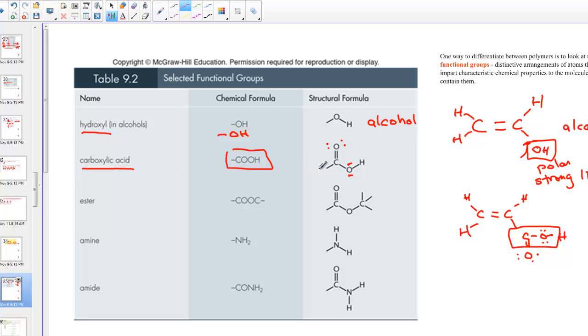Carboxylic acid is a functional group in which the carbon at position 1 is double bonded to an oxygen, single bonded to an O, and then H. C double bond O, OH, is a carboxylic acid.